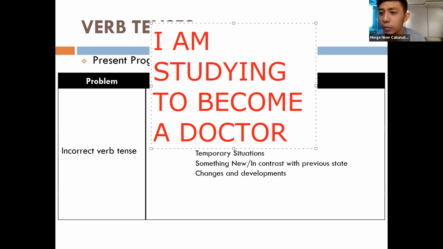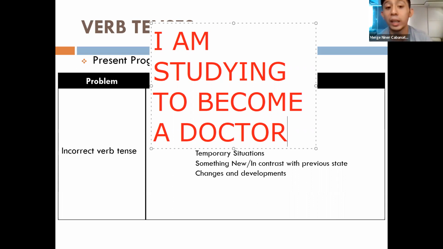Nagkita kayo ng friend mo elementary sa coffee shop. Hey, what are you doing now? What are you up to now? Sabi niya. Sabi mo, I am studying to become a doctor. Ang ibig sabihin ba nun is mismo sa moment na yon nag-aaral ka para maging doktor? No. You are enrolled in a medicine course and you are in the process of finishing that course.